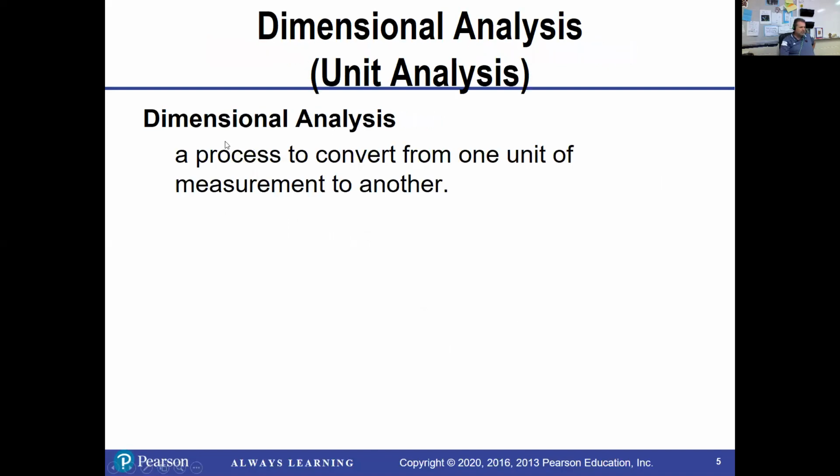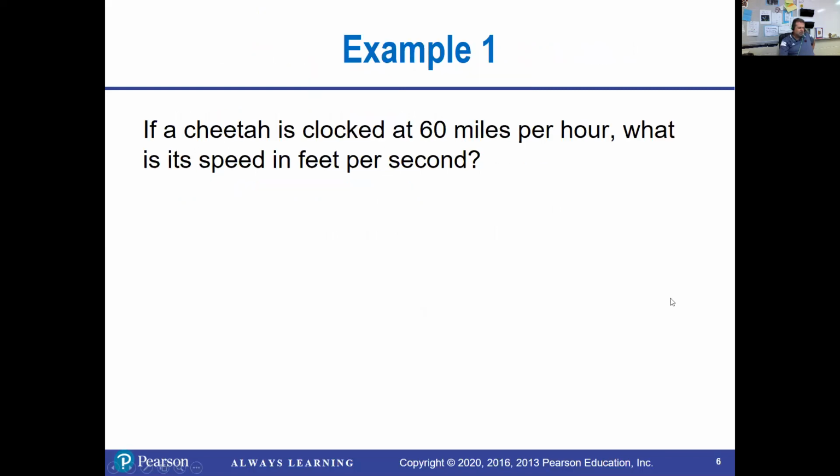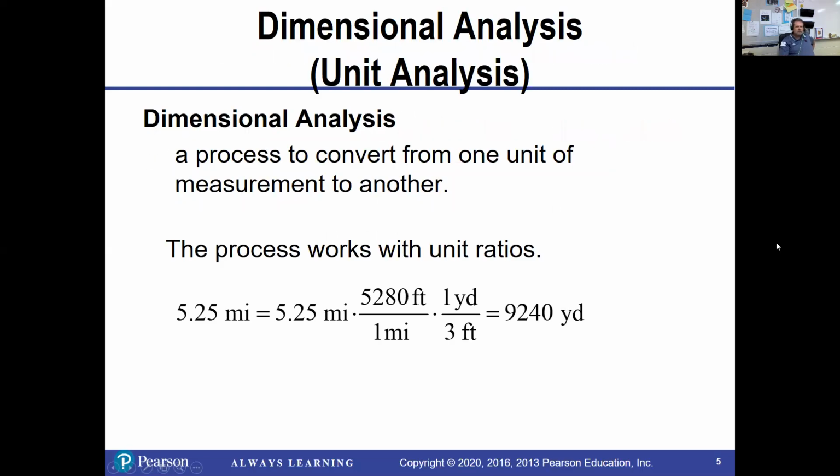Dimensional analysis means the process to convert one unit of measurement to another. The process uses unit ratios, which you have to know.